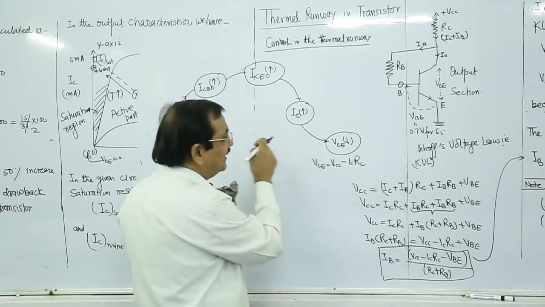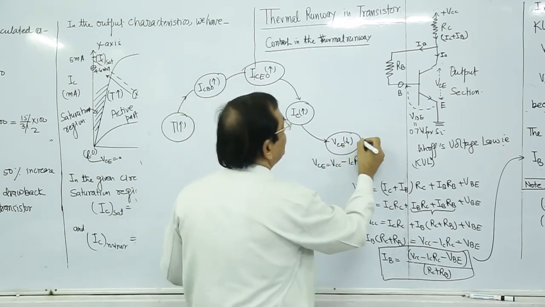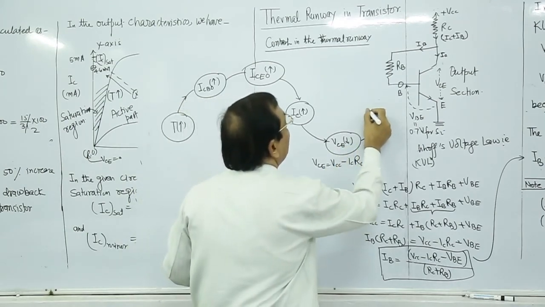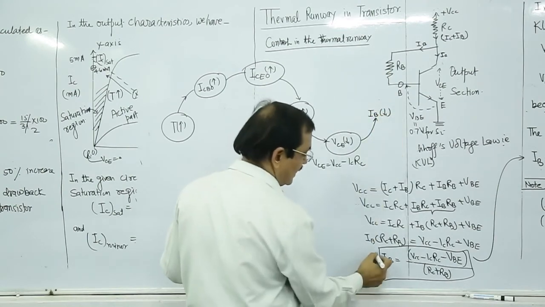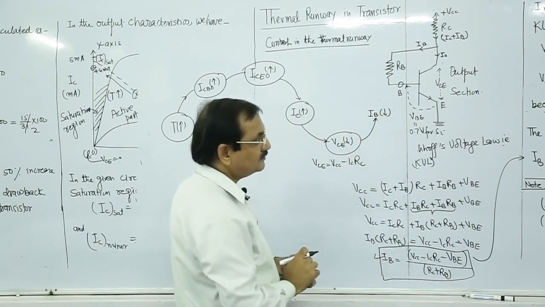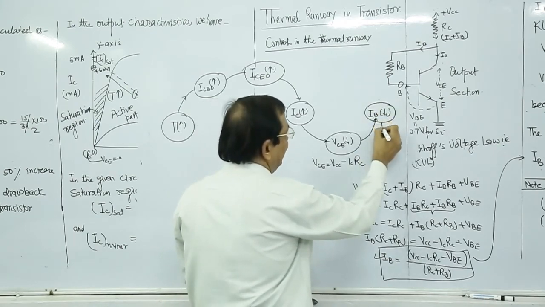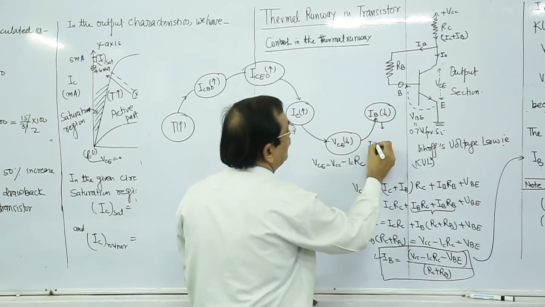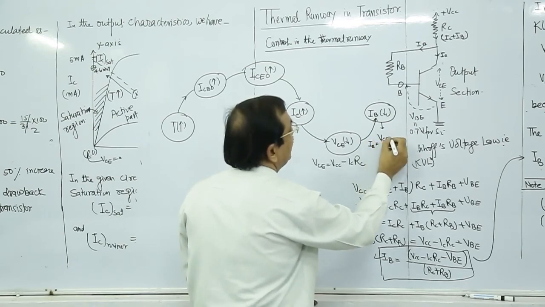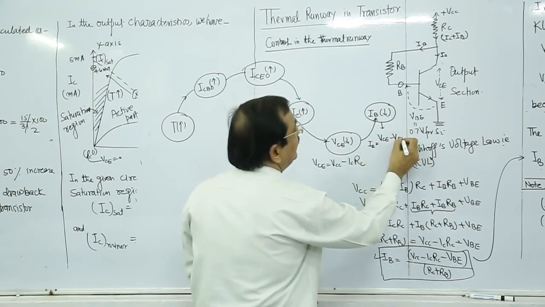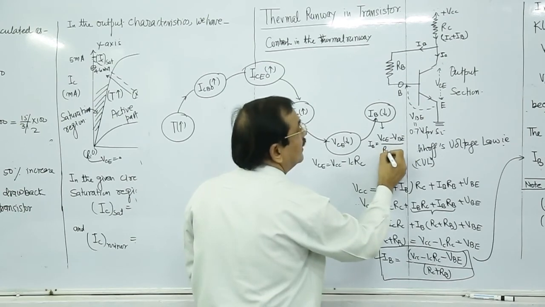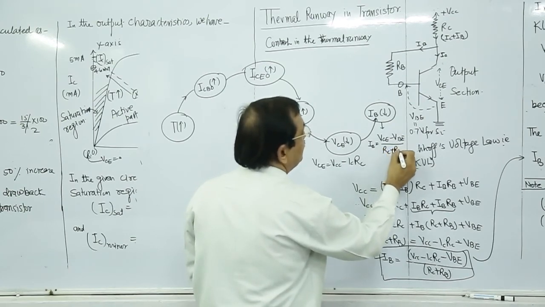And if this decreases, IB will decrease, that is IB is equal to VCE minus VBE divided by RC plus RB.